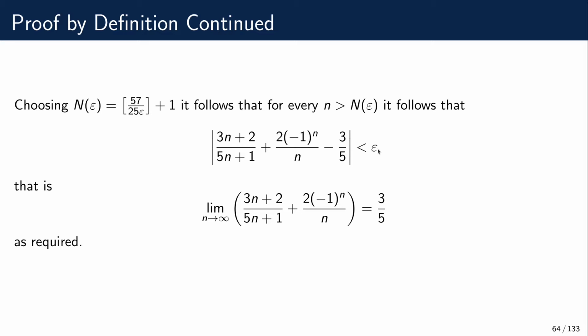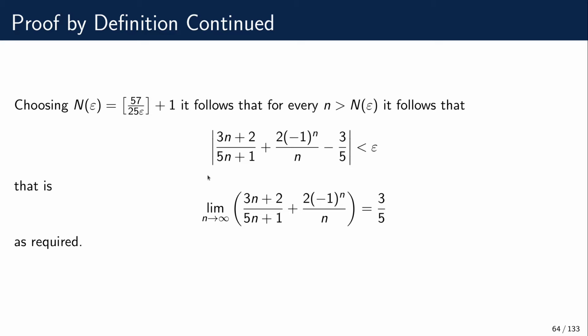So here is a way of computing this n of epsilon. If I want this to be smaller than epsilon, then let us compute this number. We see this n is dependent on epsilon, and every n that is bigger than it, this inequality will be satisfied.